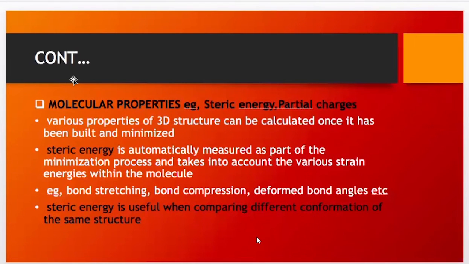The other molecular properties that can come will be bond stretching or deformed bond angles. Let's say the bond angle that you needed between atoms was 120 degrees. And once you have made your 3D structure, you find that maybe the angle has reduced to 60, 90 degrees. That information will be shown to you.